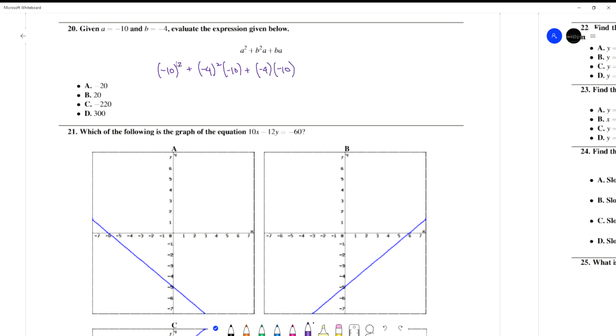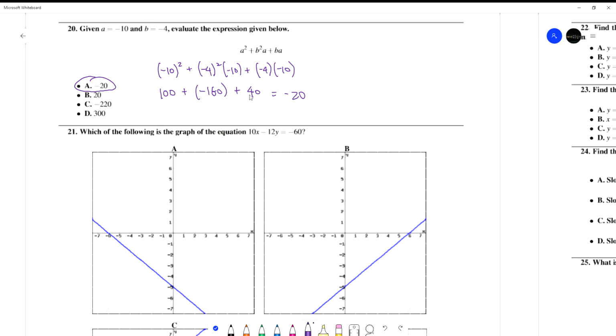So this first term is 100 plus 16 times negative 10. That's negative 160, right? And then plus positive 40, right? So this comes out to negative 20, which is answer choice A.